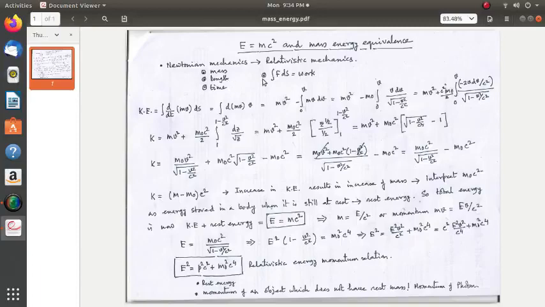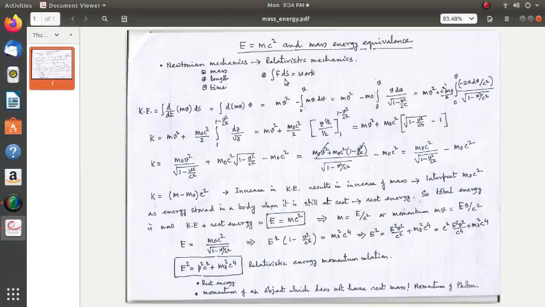But what does not change in relativistic mechanics is the definition of work. Definition of work is still integration of force with distance.